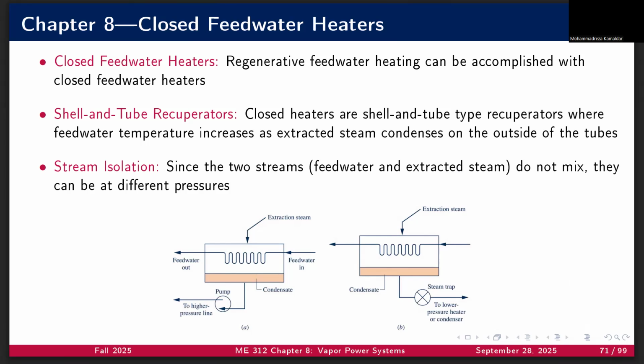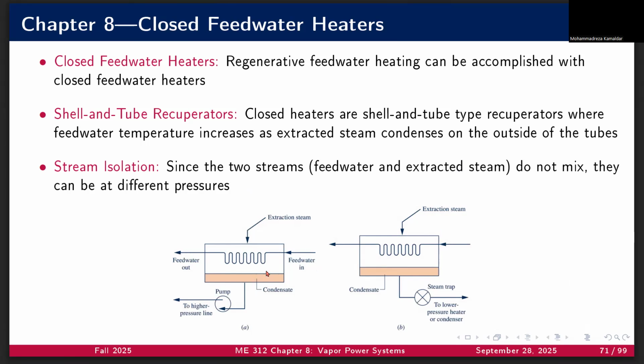The underlying principle here is to use steam that is bled or extracted from the turbine, which would otherwise produce work, to preheat the feed water before it enters the main steam generator or boiler, right?